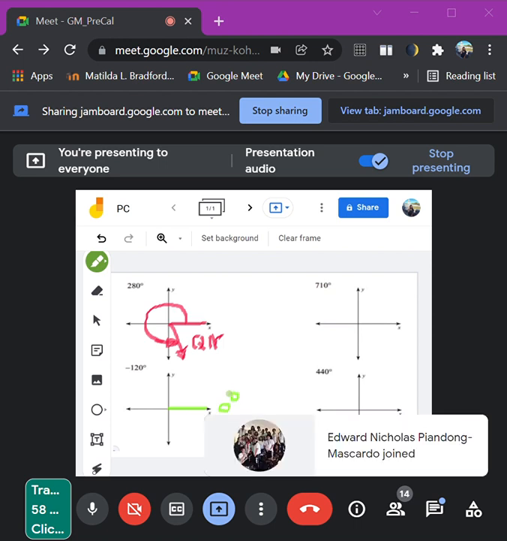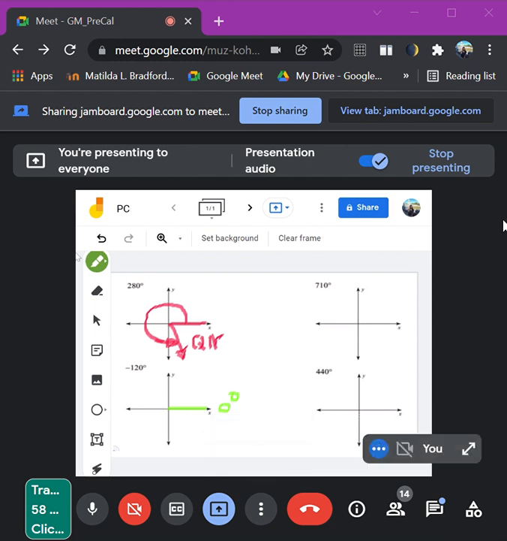Now, we said earlier it is counterclockwise, but no, it is clockwise because it is negative. So we start here, this is negative 90. So probably our 120-degree angle is here.